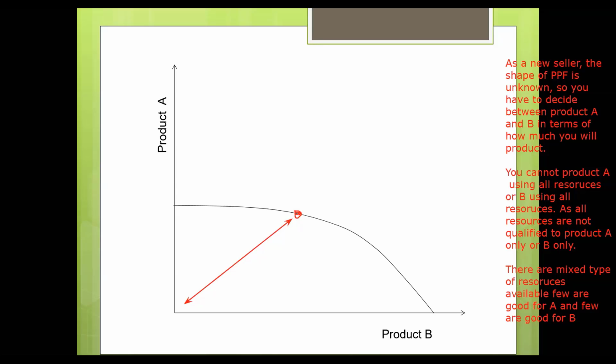But the problem is that when he has made his business, he does not know if the center point is furthest, because in the market where he is trying to produce software, there are more Android developers as compared to Apple developers. That's why you can see here that the highest point of Apple is not as far as compared to the highest point of Android.